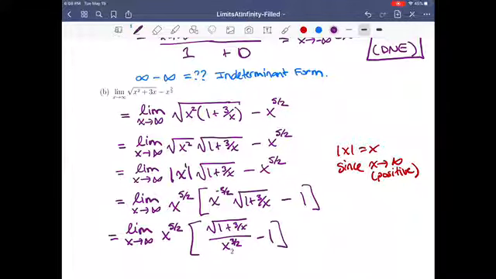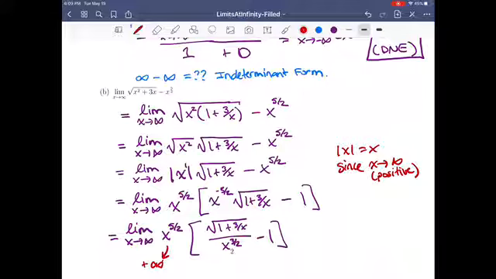Now if I think about computing this, x to the 5/2 is still going to positive infinity. What's going on inside this bracket? Remember the limit can go inside, so I can do the limits separately as long as I don't get anything crazy. I want to know if this limit in the brackets turns out to be a nice number.